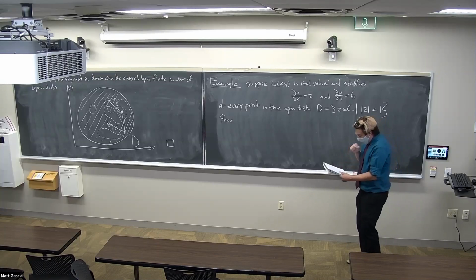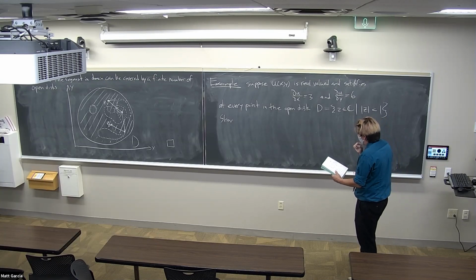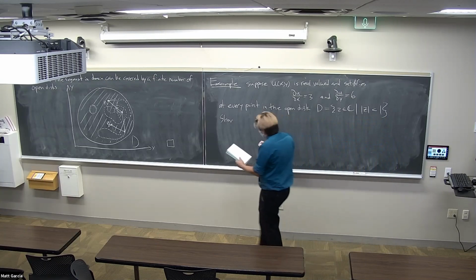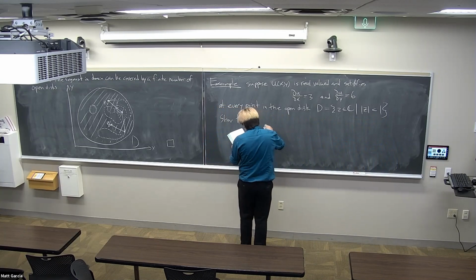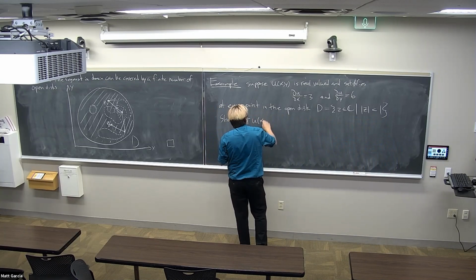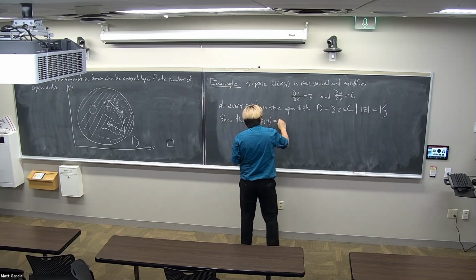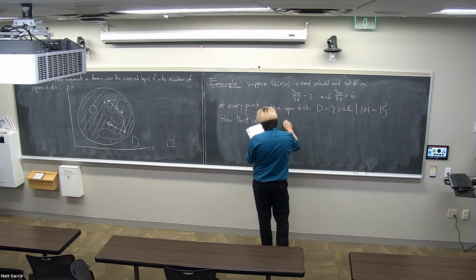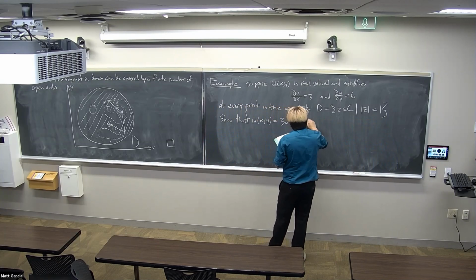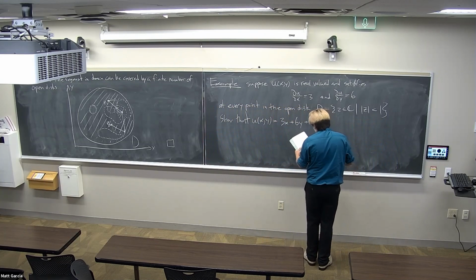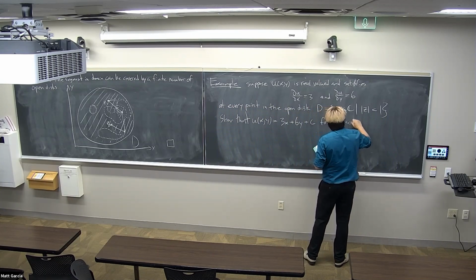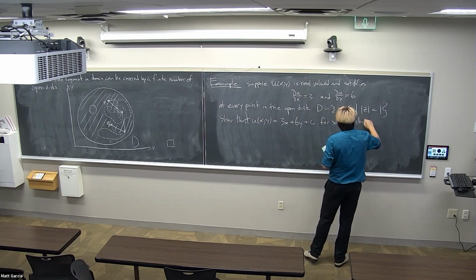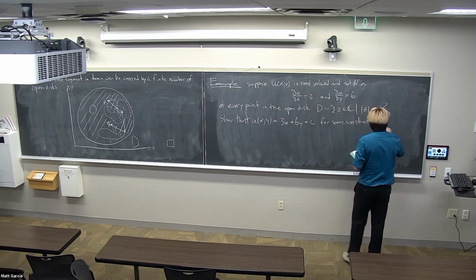Good question. So what I want you to do here is show that our function u of x comma y is equal to 3x plus 6y plus c for some constant c.